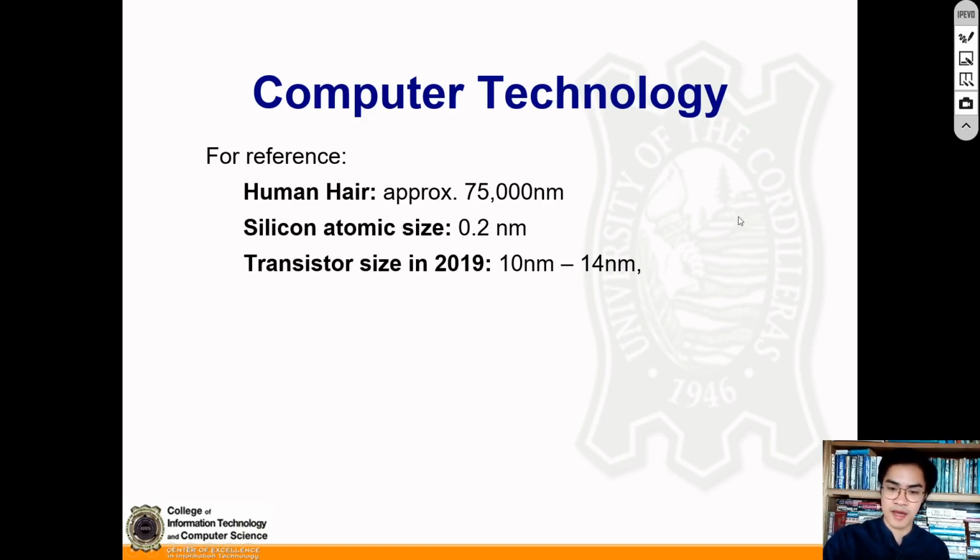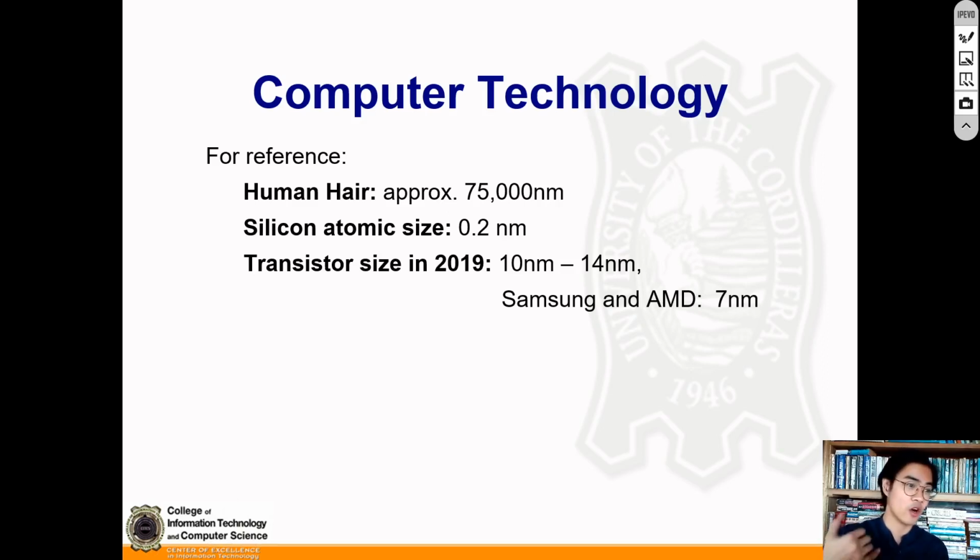In fact, Samsung and AMD in 2019 already had processors with 7 nanometers in transistor feature size. If you compare that to the 0.2 nanometer atomic size of silicon, it's very close already, which is why additional experimentation has been going on to replace silicon as the main element in representing binary.